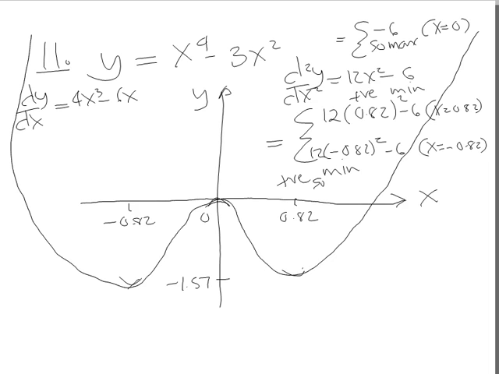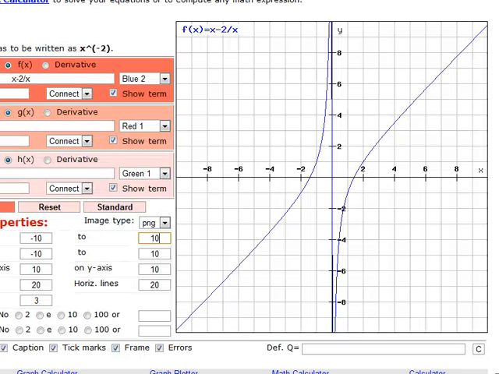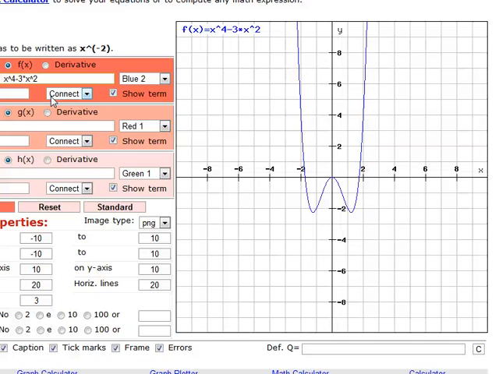Let's just check the actual sketch on one of the free sketches you can get hold of. So let's tap in our function. So let's see what we get. Shall we? Just to confirm it. x to the power 4 minus 3 times x squared. There we go. Hey, there we are. Oh, it shoots up quite steep, doesn't it?